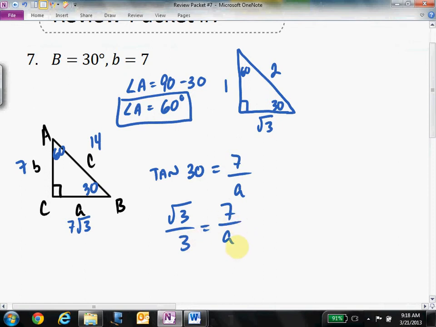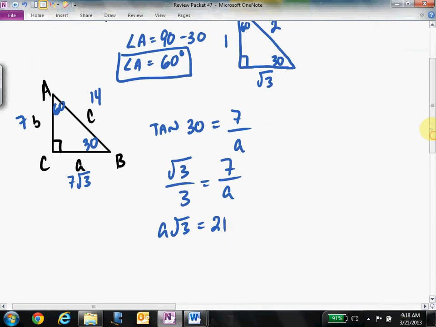Now I have two ratios that are equal to each other, so I can use cross multiplication. I'm going to multiply A by the square root of 3, and 3 times 7, which gives me 21. I'm going to want to solve for A, so I'm going to divide by the square root of 3. This will cancel, and A equals 21 over the square root of 3. We can't leave it like that because there's a square root in the denominator, so it's not simplified.